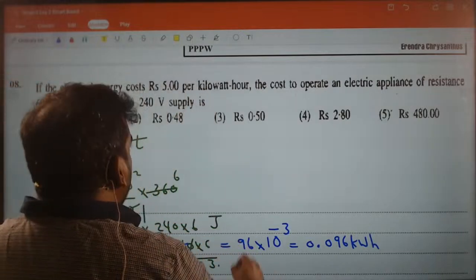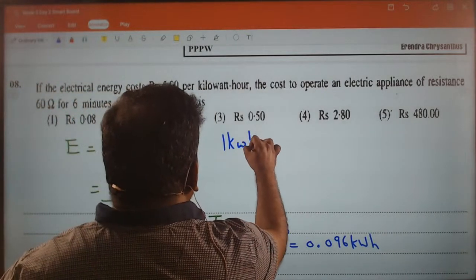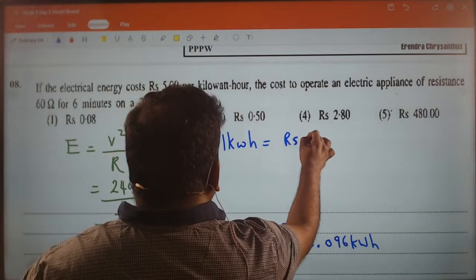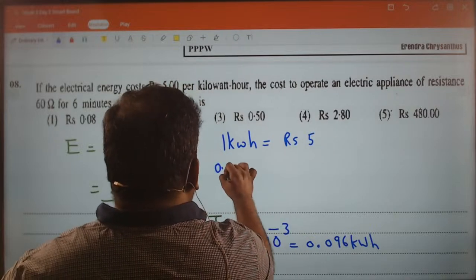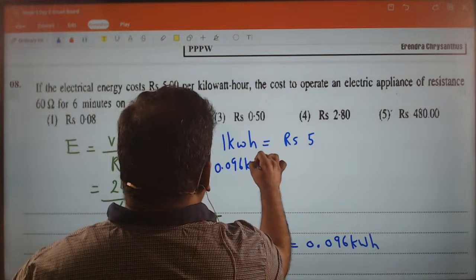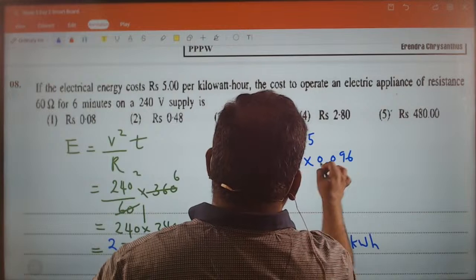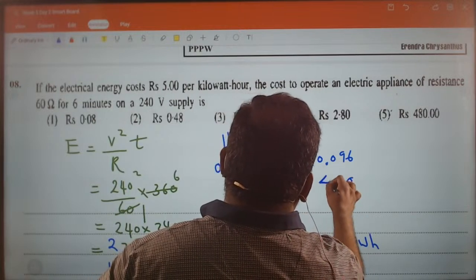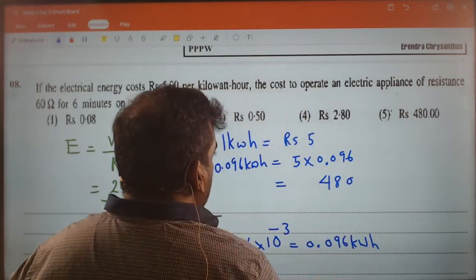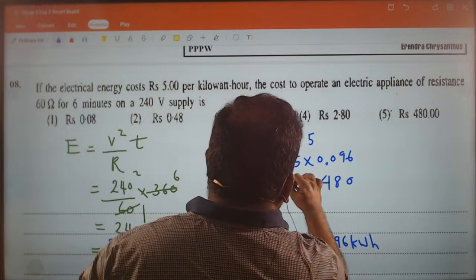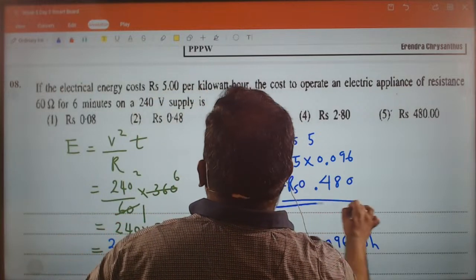So 1 kilowatt hour is 5 rupees. 0.096 kilowatt hour is going to be 5 multiplied by 0.096. 45, 48, 3 decimal places. 0.48 rupees.